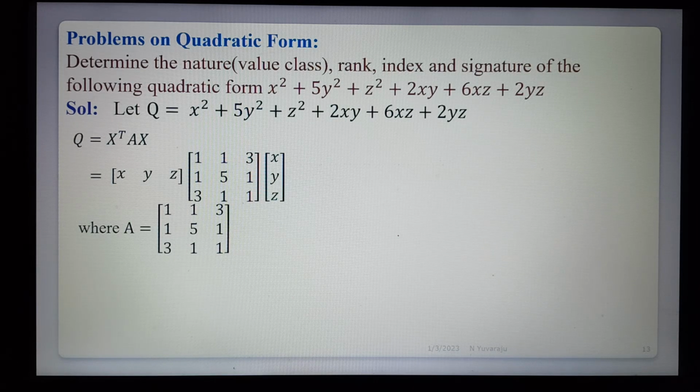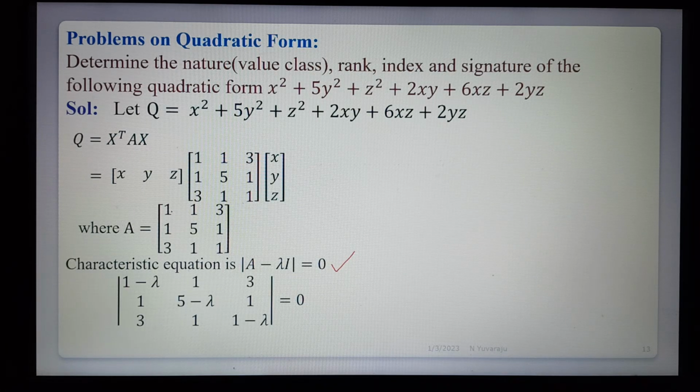Find the eigenvalues using the characteristic equation, determinant of A minus lambda I is equal to 0, that is the matrix with rows 1 minus lambda, 1, 3; 1, 5 minus lambda, 1; 3, 1, 1 minus lambda equal to 0.